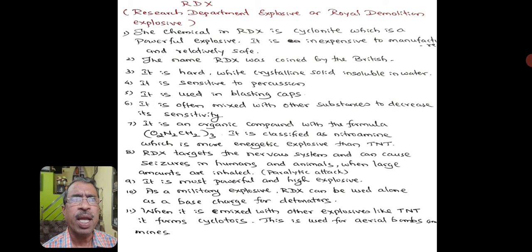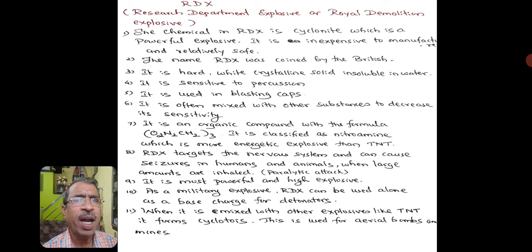It is used in blasting caps. It is often mixed with other substances to decrease its sensitivity. The formula of RDX, that is cyclonite, is (O2N2CH2)3.